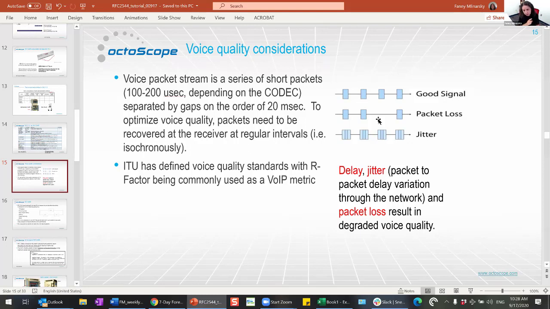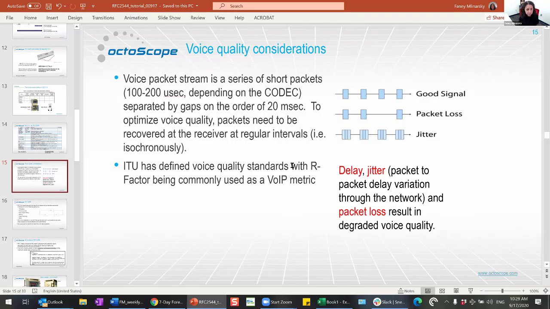If jitter, which is delay variation from packet to packet, gets really bad, then my voice will suffer. You will not be able to recreate it. So packet loss, delay, and jitter are important metrics. And that's what RFC 2544 invented those metrics for us, and we use them today.